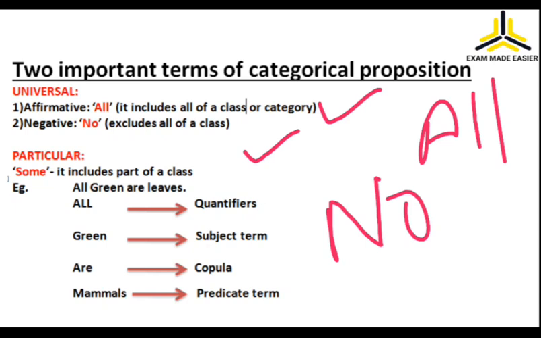And if I say no shopkeepers are cheats, it is using the universal negative term. "All" gives the quantity: shopkeepers is the subject term, and all means 100%. Similarly, you have to know that "no" also means 100%, because it is talking about nothing, which is 100% only. So you should not get confused between these two terms.